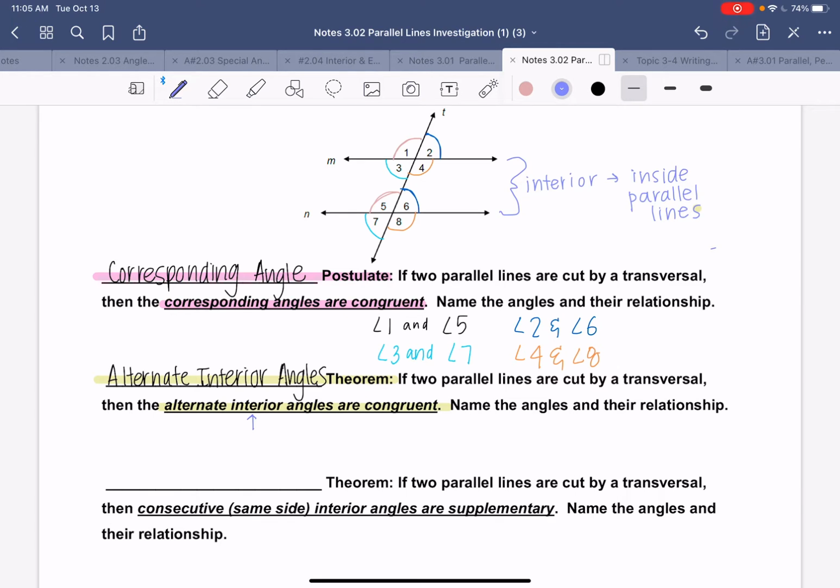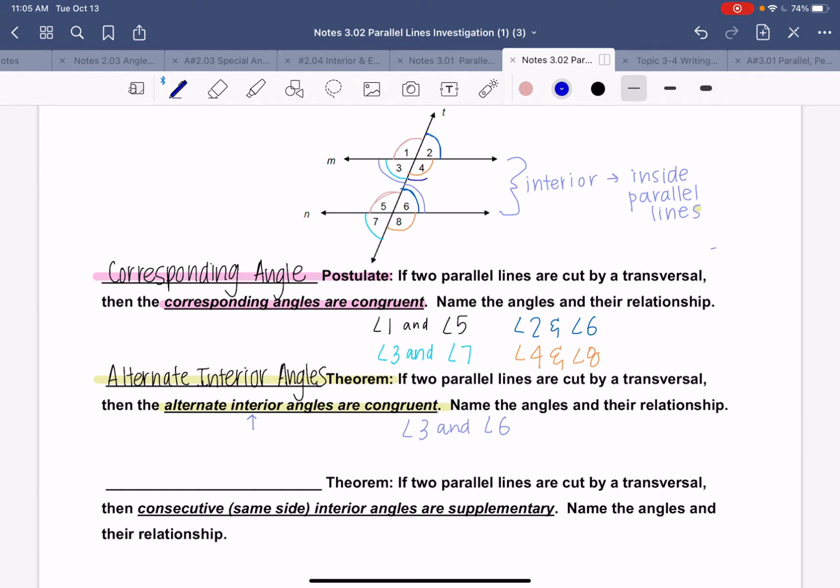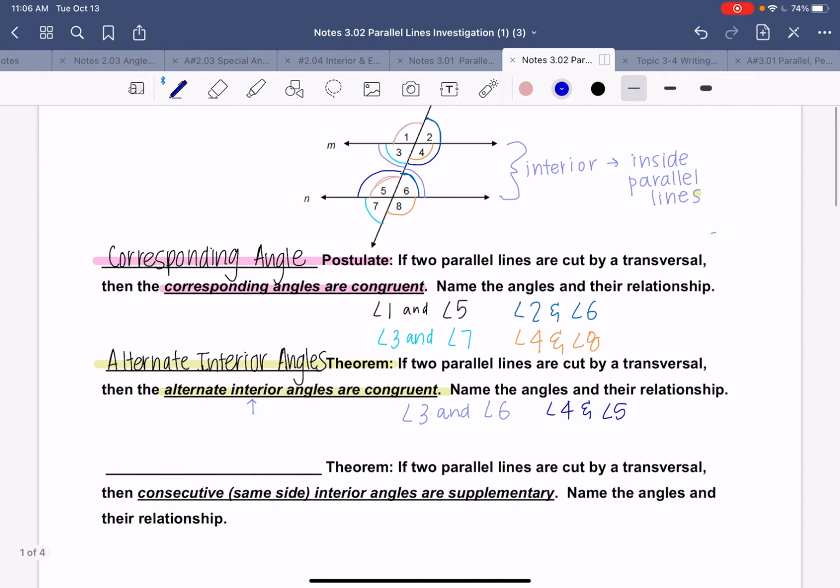If they're alternate, then angle 3 and angle 6 are congruent to each other, so I'm going to highlight that in purple. And then let's do a dark blue. Angle 4 and angle 5 are congruent to each other.